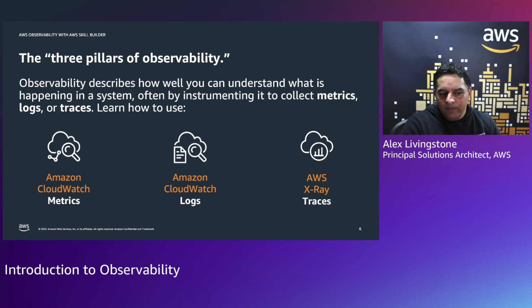Metrics are just a simple numeric representation of data over intervals of time, or time series data, and they're useful for identifying trends, mathematical modelling and prediction. And logs are immutable time-stamped records of discrete events that happen over time, and they're useful for uncovering emergent and unpredictable behaviour, and also for troubleshooting.